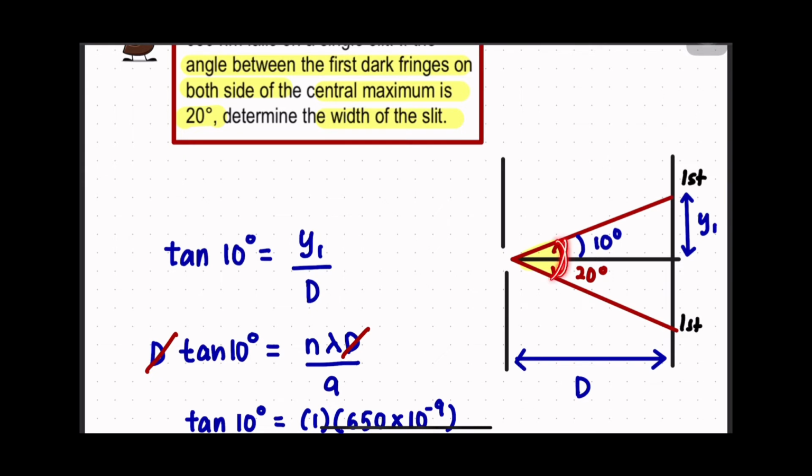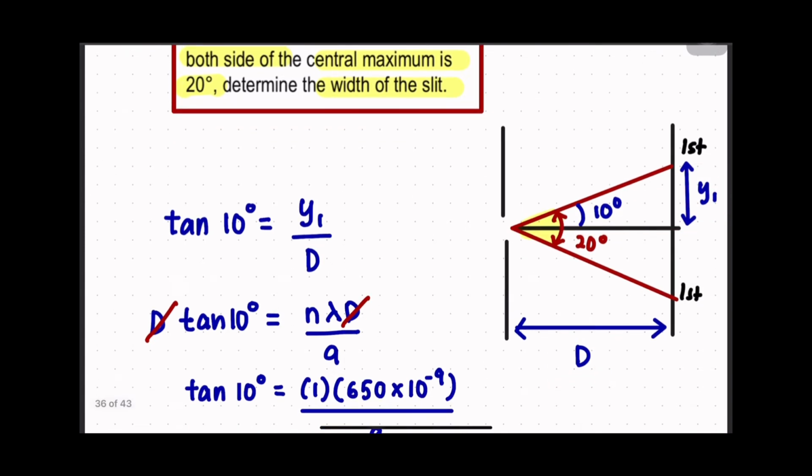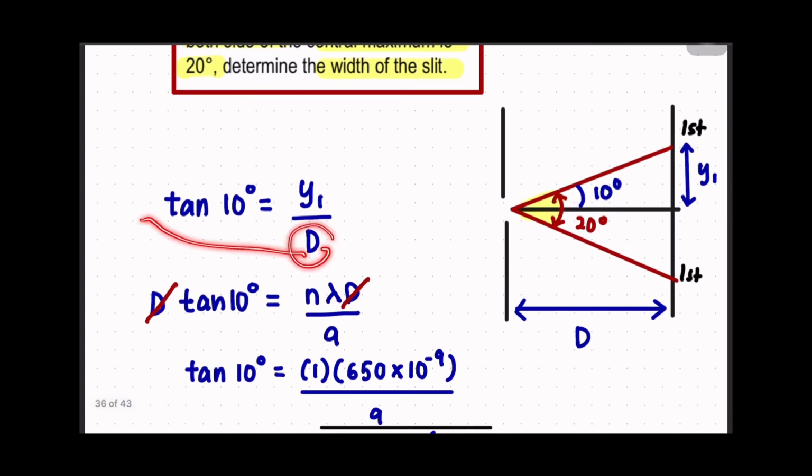Jadi kalau 20 degree, saya boleh kira pakai formula hanya sebelah, iaitu Y1, sebab dia daripada first minimum. So angle yang saya akan ambil adalah 20 bahagi 2. So saya akan guna 10 lah. So based on equation matematik kita, boleh keluarkan tangent kan, sebab kita nak dapatkan nilai Y1. Dari Y1 kita boleh cari A. Okay, so tan theta is equal to Y1 divided by D. So bila kita buat macam ni, okay, D ni saya pergi pindah dekat sini lah.